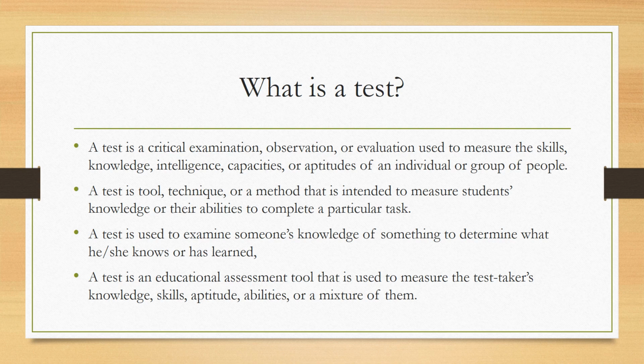You are going to measure the knowledge they have obtained, the abilities they have developed throughout the course. Or you can make your test within your course. Okay, whenever you finish teaching a certain item in the course, you can test your student. You can test your student even if it is a short quiz. A quiz is a type of a test.